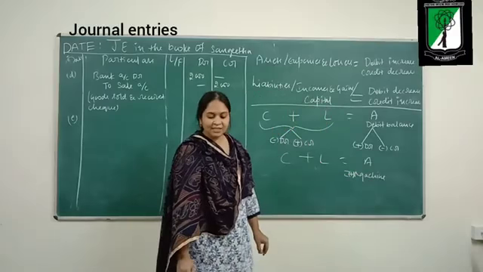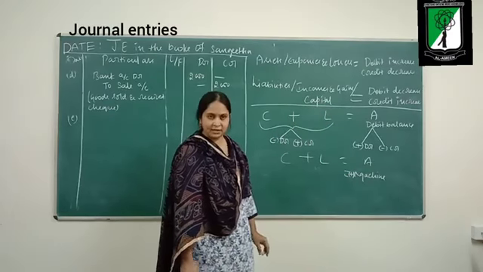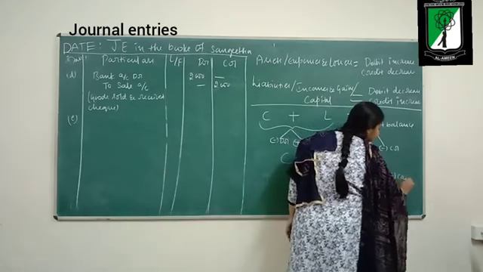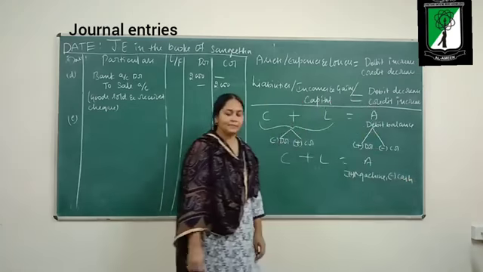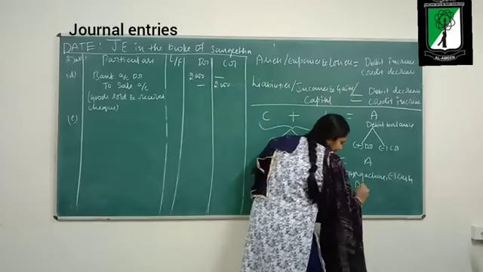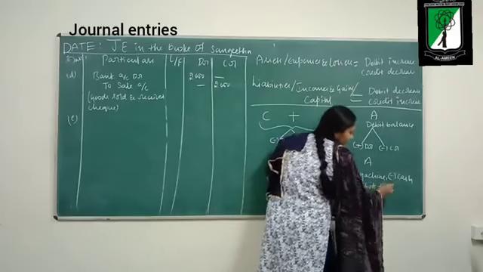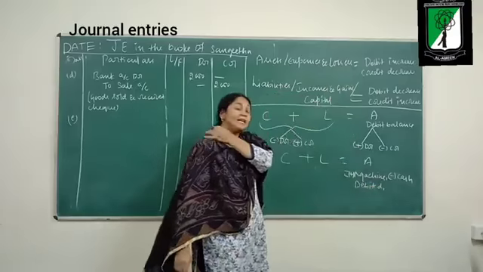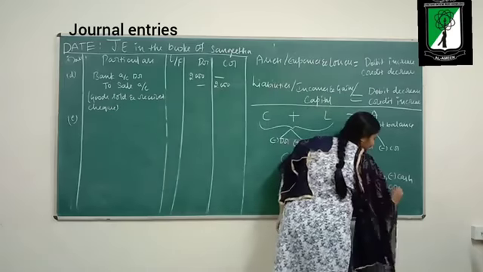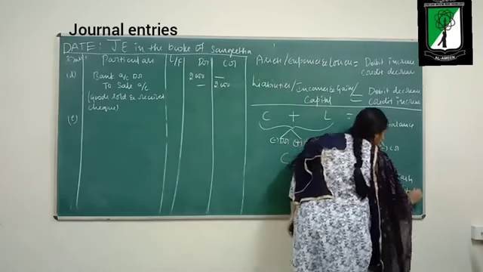Purchased machine for cash, right? So what is happening to my cash balance? It is declining. Cash is also an asset. Increase in asset should be debited. Decline in asset should be credited.